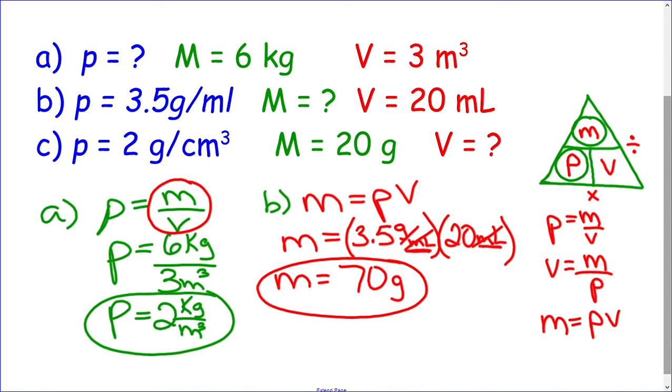In C, it's asking to solve for volume. The equation I'm going to go to is the middle one that we made before. Using the triangle, I can see volume is equal to mass on the top and density on the bottom.